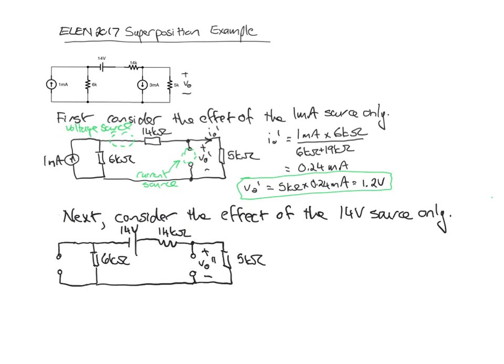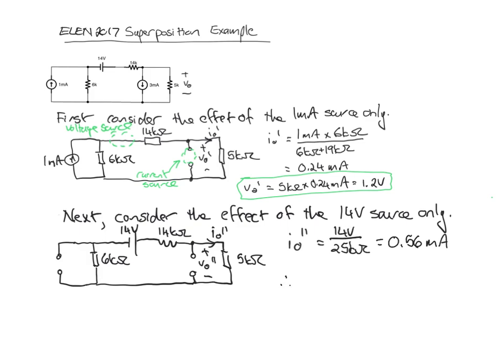Now you can see that all the resistors are in series. So this 6 kilo ohm resistor is in series with the 5 kilo ohm, which is in series with the 14 kilo ohm. So IO double dashed is equal to 14 volts of the 14 volt source divided by all the resistors added together, which gives you 25 kilo ohm, and that turns out to be 0.56 milliamps.